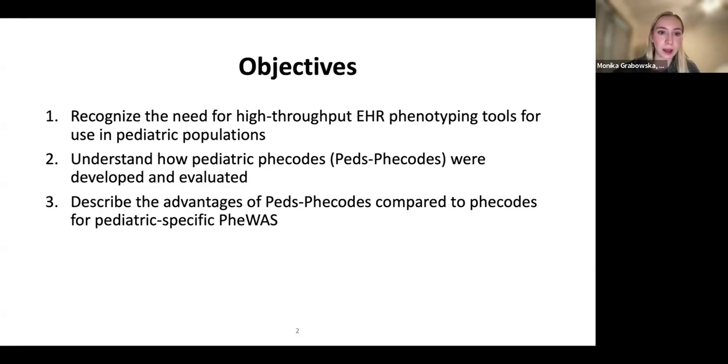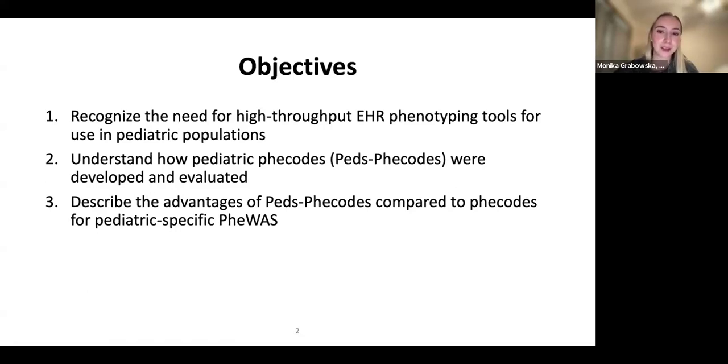Next, I'll talk about how we actually developed and evaluated the pediatric Phecodes or PEDS Phecodes. And finally, I'll talk about how you can use the PEDS Phecodes in your own work and their unique advantages for pediatric-specific phenome-wide association studies, or PheWAS.